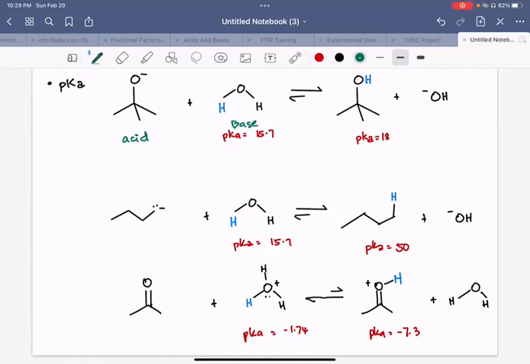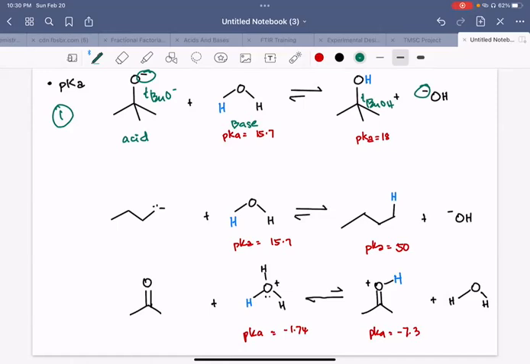So in this one, in equation 1, for example, you have a tertiary butoxide ion that reacts with water to form tertiary butyl alcohol and hydroxide ion. Of course, charges should be equal on both sides, the reactant side and product side. So on the reactant side, the negative charge is brought by the tertiary butoxide ion, and on the product side it is brought about by the hydroxide ion.